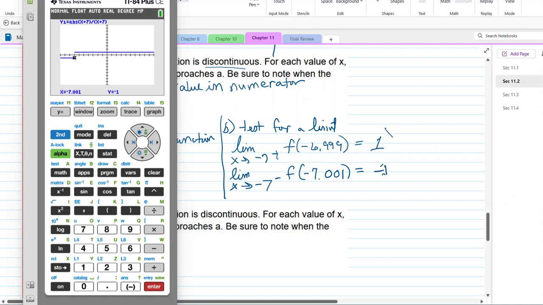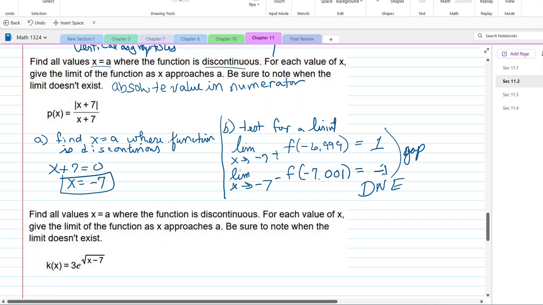So, does it exist? No, there's a gap. Does not exist. And that's where the absolute value affects what is going on with the problem. I was positive on the top side and negative to the left. Very good.